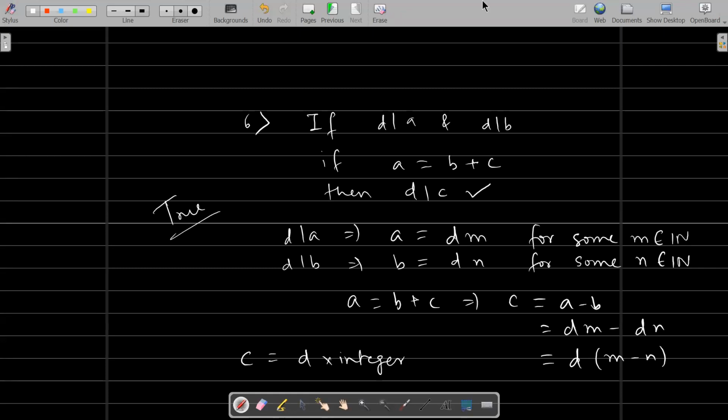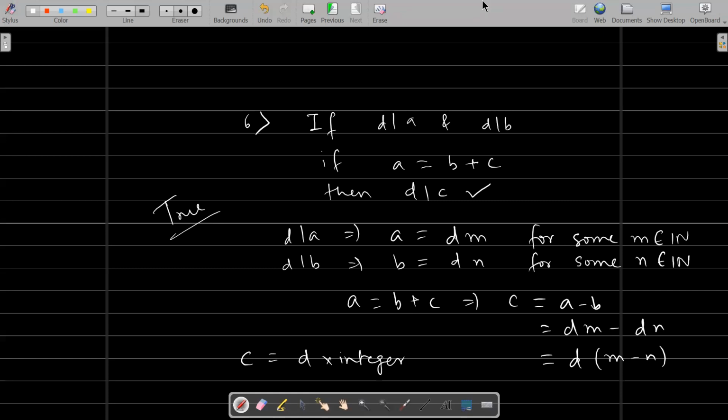But let's say without any property, you can prove it. If A is equal to DM and B is equal to DN, then A minus B will be DM minus DN. So we can factor out D, so C is also divisible by D.